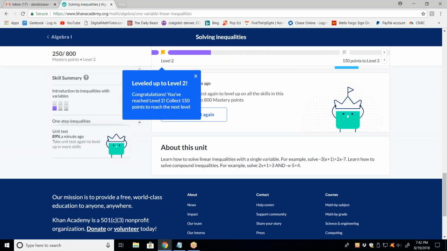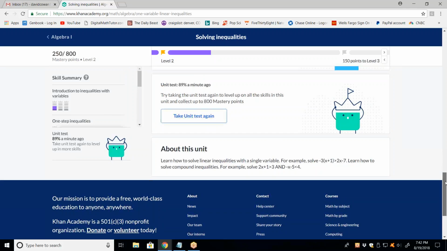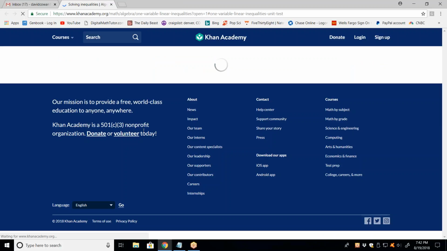Got the link. Level up to level 2. We've reached level 2. I just sent you the link. Okay. Let me go back and close out that page. I don't need that one open anymore.